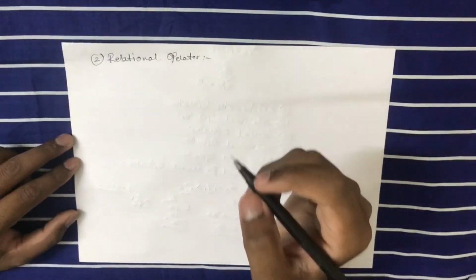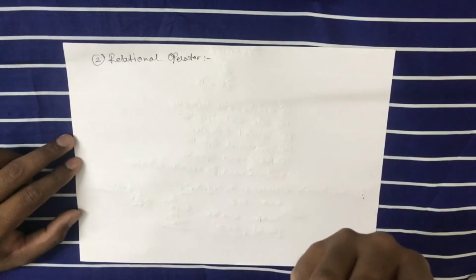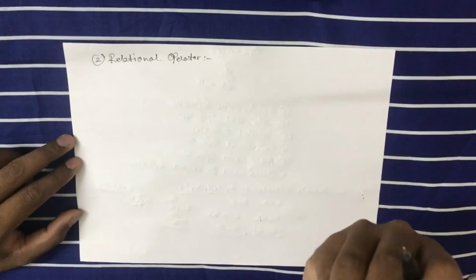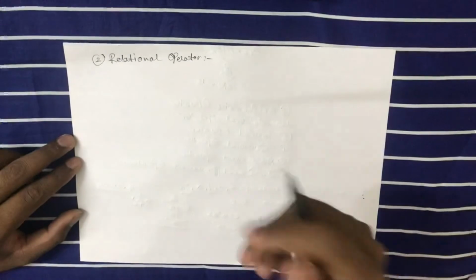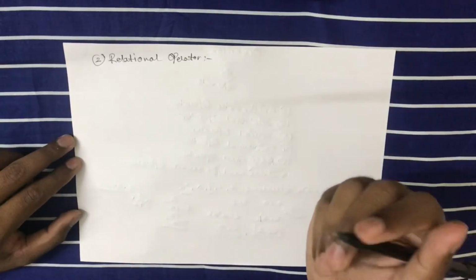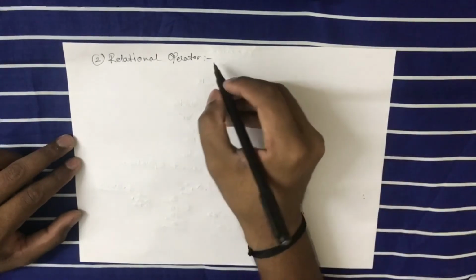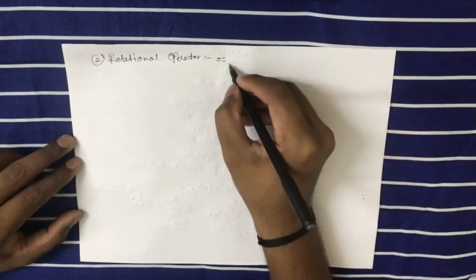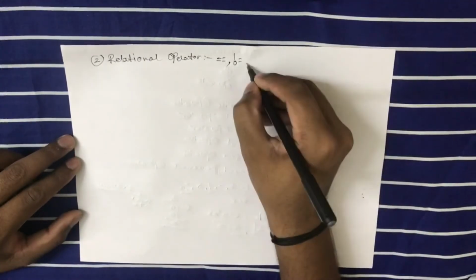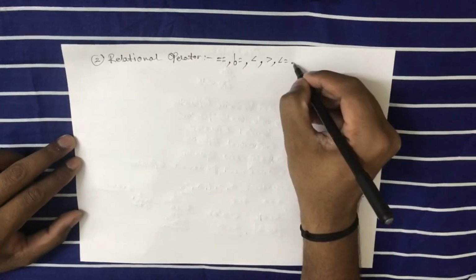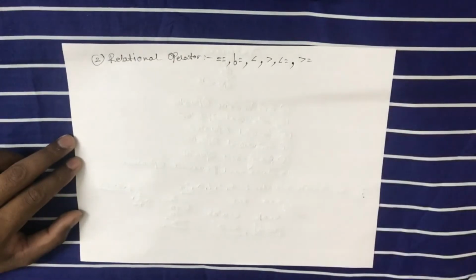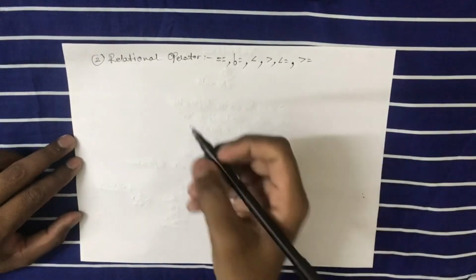If you want to check the relation between two given values, then you will take the help of relational operators. Say whether both the values are equal, or which value is lesser or greater, then we'll take the help of relational operators. So the operators we have are double equals, not equal, less than, greater than, less than or equal to, greater than or equal to.